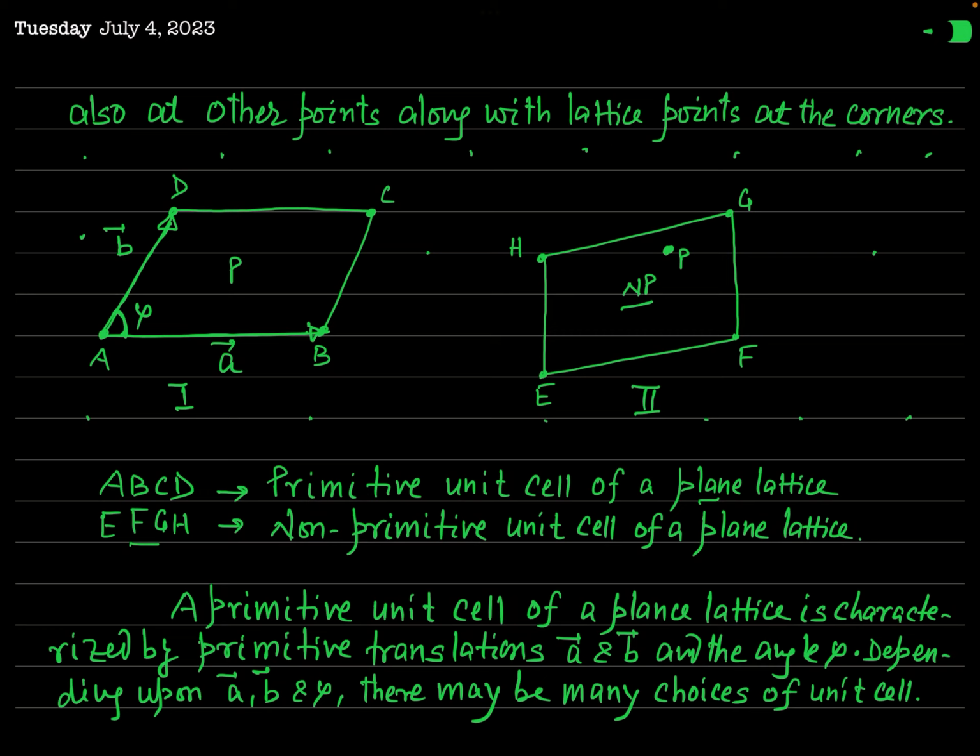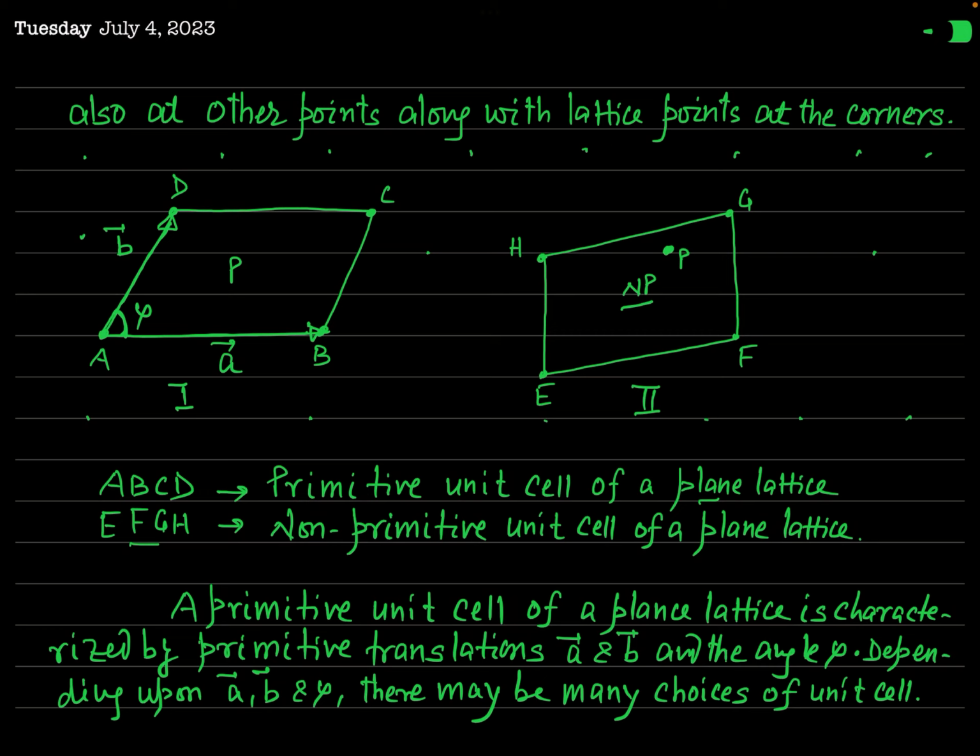Okay. Now you know there may be different values and different choices of A, B and phi. So accordingly, when we take different choices for A, B and phi, we will get different primitive unit cells for the plane lattice. So I have mentioned it here. You can say that depending upon A, B and phi, there may be many choices of unit cell for a plane lattice.